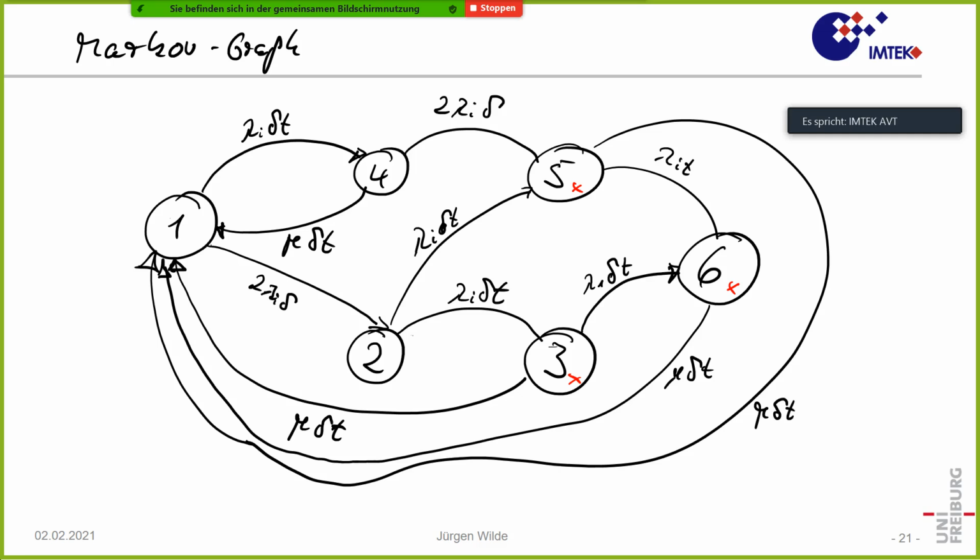And here now we must write only, or take into account, everything which is going away from here. Yeah, that is important. So here we would write down the probability that it stays. It's 1 minus dt times (lambda plus mu).